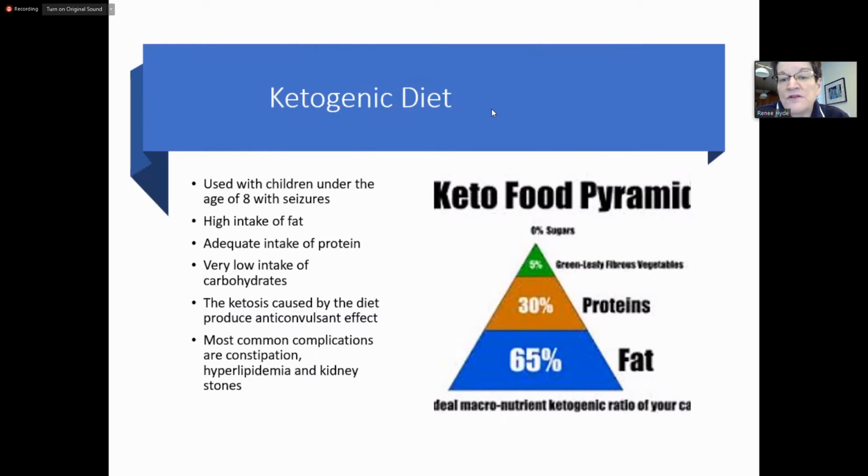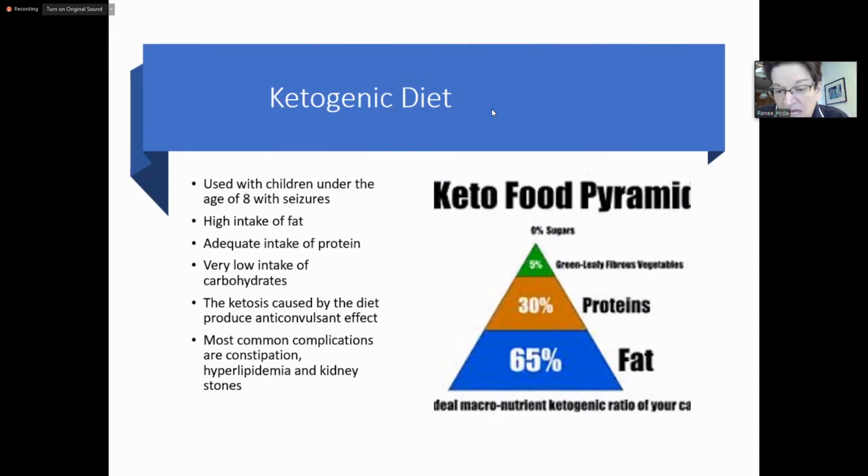One of the things that you'll see is that this diet has a very high intake of fat, adequate protein, very, very low carbohydrates. And what happens is that it produces a ketosis in the body that produces an anticonvulsive effect.